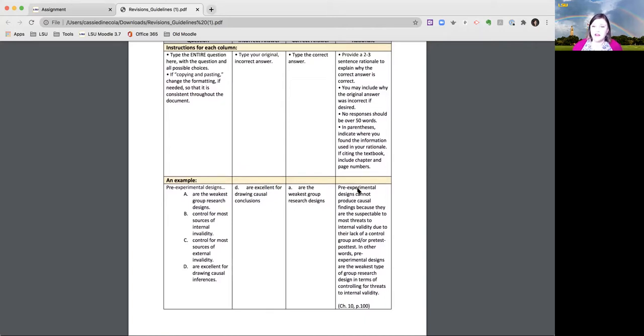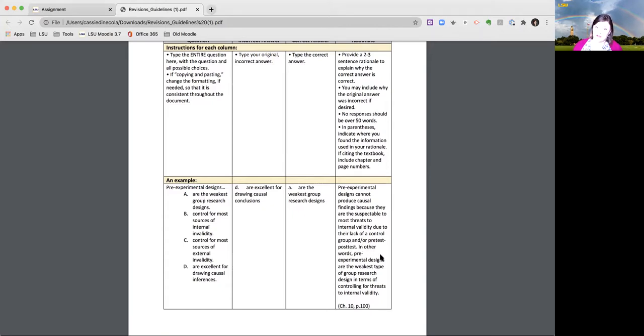So now in my rationale, I need to explain that I know what pre-experimental designs are and why they are not excellent for drawing causal conclusions and why they are the weakest group research design. So I said pre-experimental designs cannot produce causal findings because they're susceptible to the most threats to internal validity due to their lack of a control group or pre-test post-test.